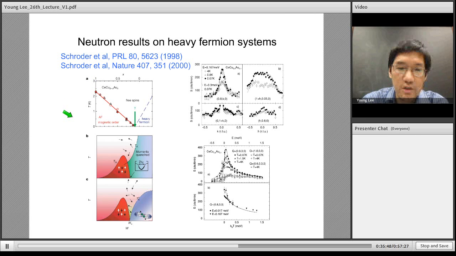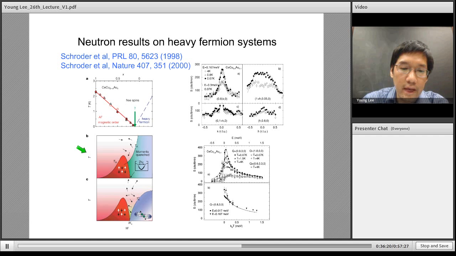So by changing the amount of gold, you can change on this phase diagram where you are, from the heavy fermion metal state to the magnetically ordered state. And there's a critical gold concentration at which this occurs, and they studied a compound right at that critical concentration as a function of temperature. So the question was, how does this transition occur?